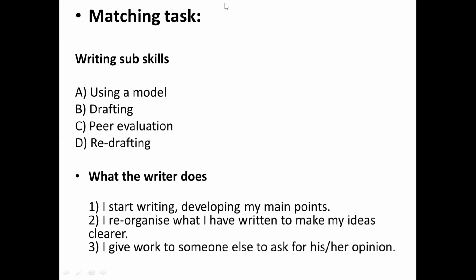No. So application form is if you want to apply for a job. I want to teach this lesson to my students. So number one, I'm going to use a model. I'm going to use a sample. I'm going to give them an application form about someone. This is using a model. It's like an example, giving them an example.